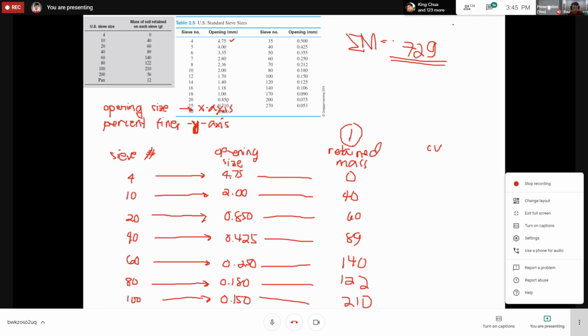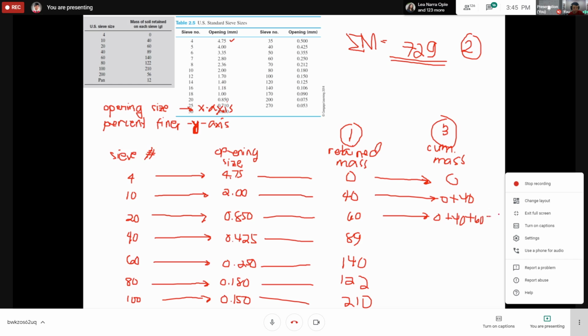That is the second step. For the third step, the cumulative mass. For the first sieve it is 0, so 0 plus 40 is 40. Next is 0 plus 40 plus 60, that's 100.